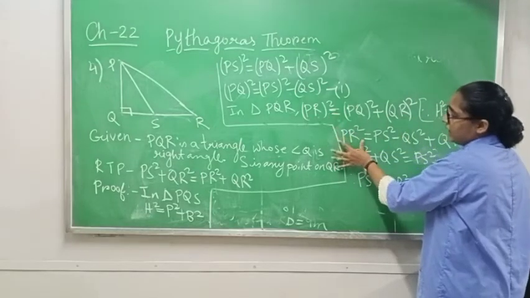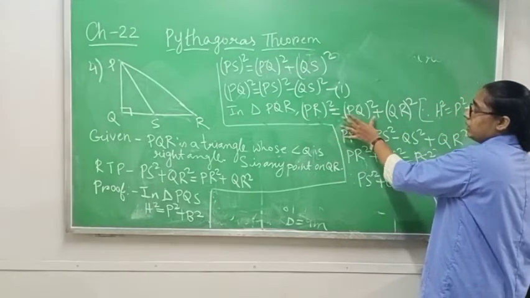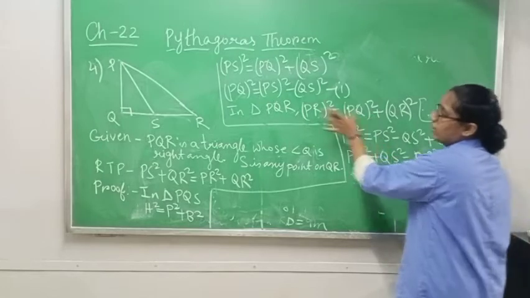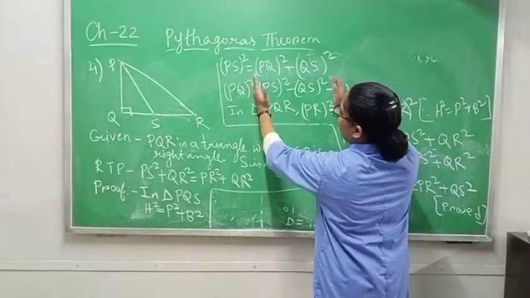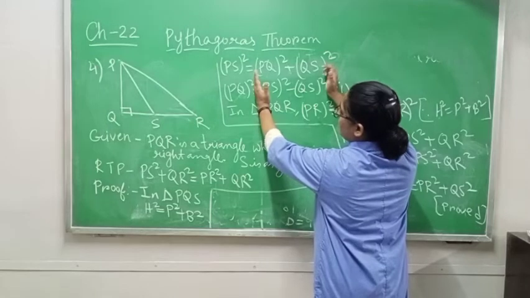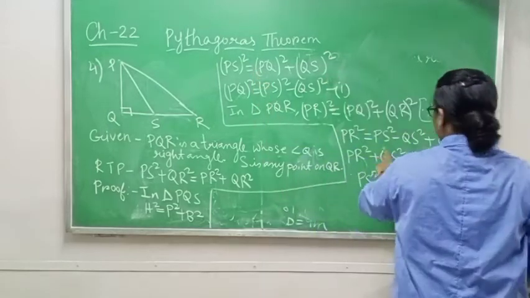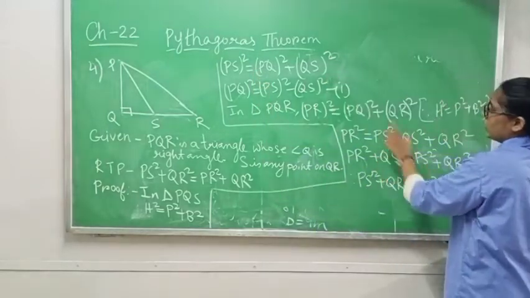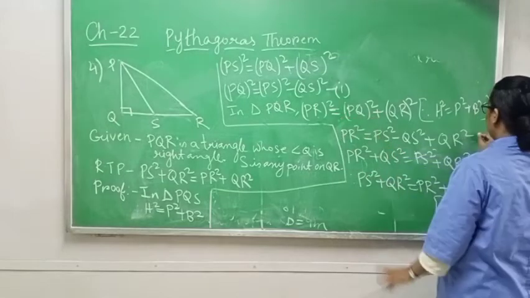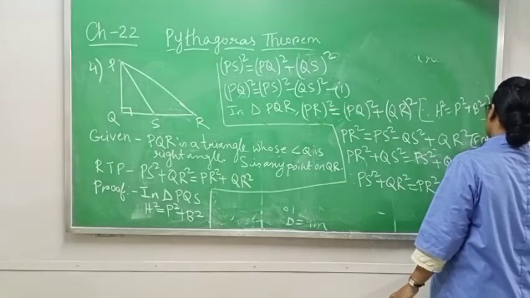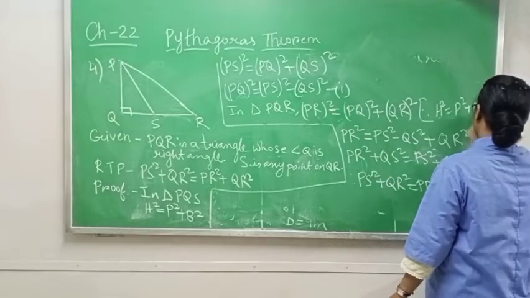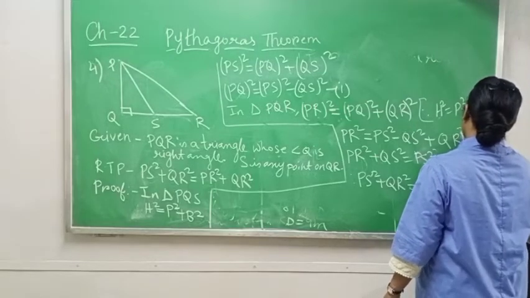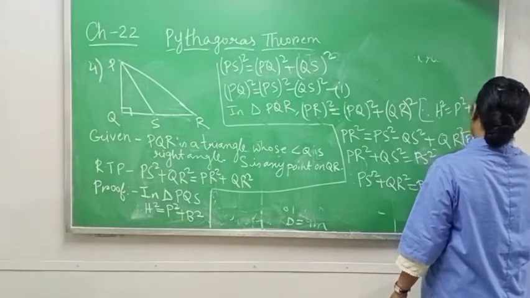Now I am writing PR square as it is. In place of PQ square, I can write PS square minus QS square. So I have written PS square minus QS square in place of PQ square. So please write here from equation 1.